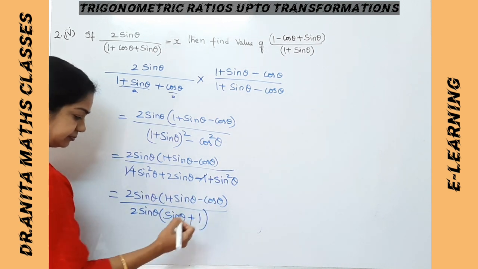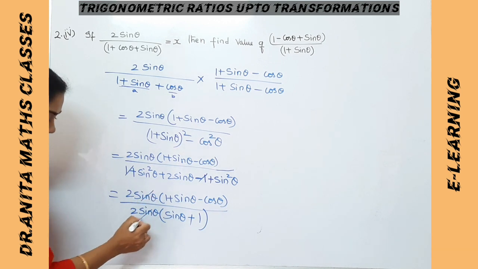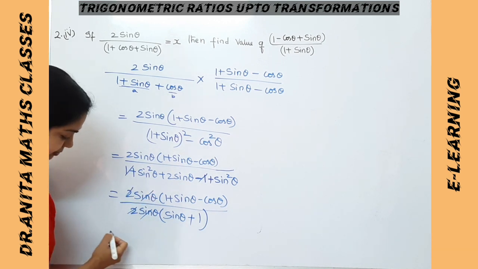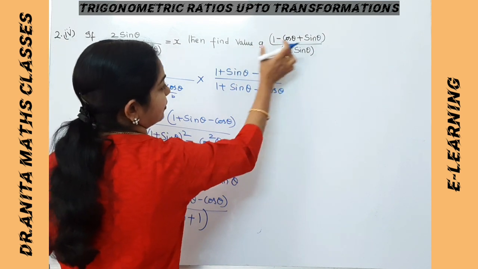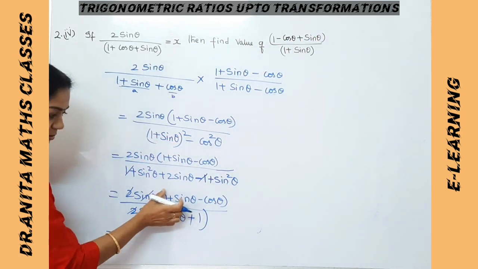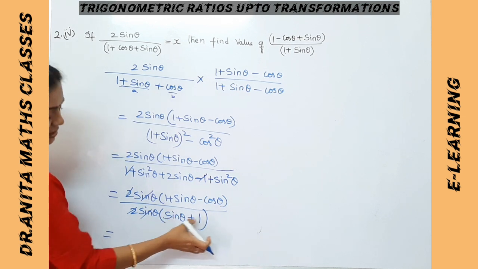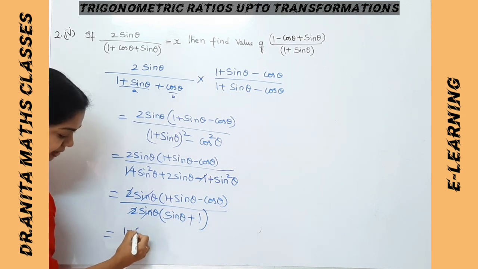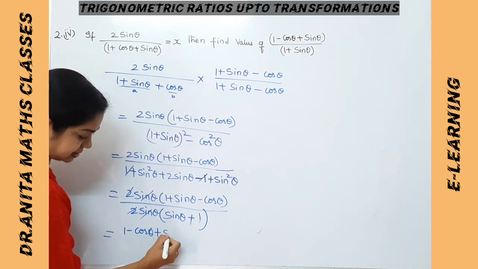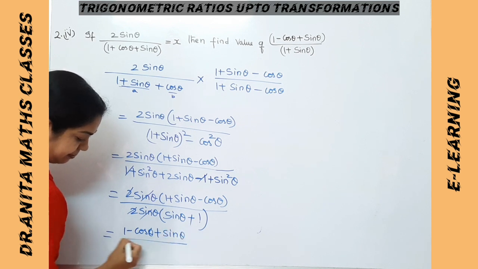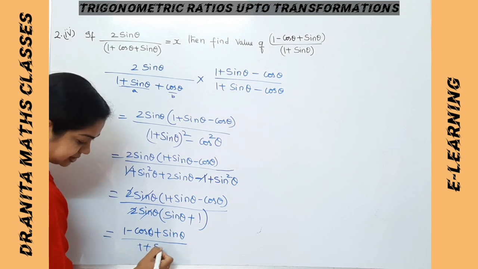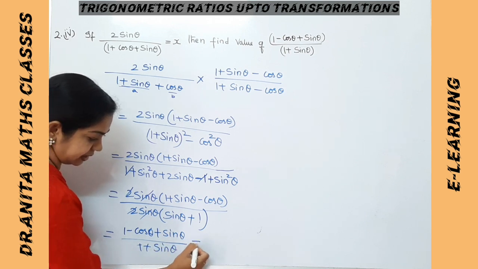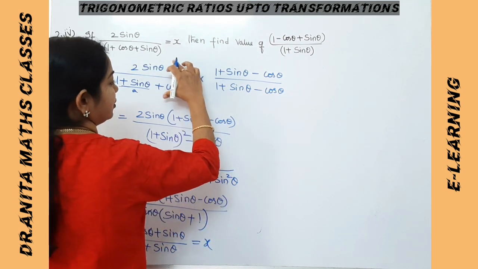Now we can cancel off these two, right? Now the remaining is 1 minus cos theta plus sine theta by 1 plus sine theta. This is nothing but x.